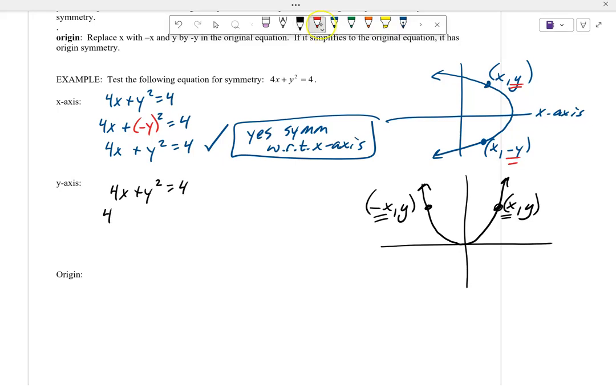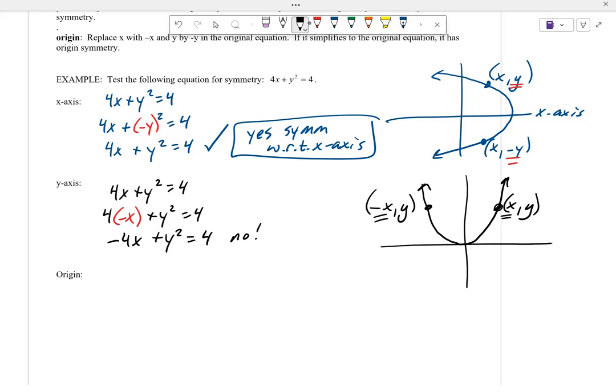I replace x with negative x, and I simplify it. And I look at it and say, is that what I started with? No, I started with 4x plus y squared equals 4. I ended up with negative 4x plus y squared. This is not the same. So it is not symmetric with respect to the y-axis. It's not the original equation we started with.